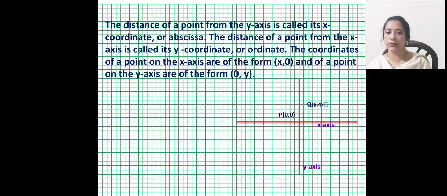So, its coordinates will be (0, -8). So, from this we have learnt that any point which is lying on the x-axis will be of the form (x, 0), and any point which is lying on the y-axis will be of the form (0, y).